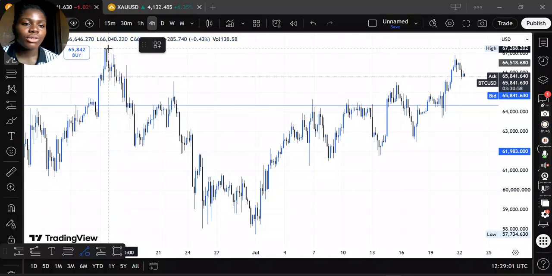So let me show you. So when you have price coming from this point to this point, all of that is impulsive because it's bearish, right? And price returns here.